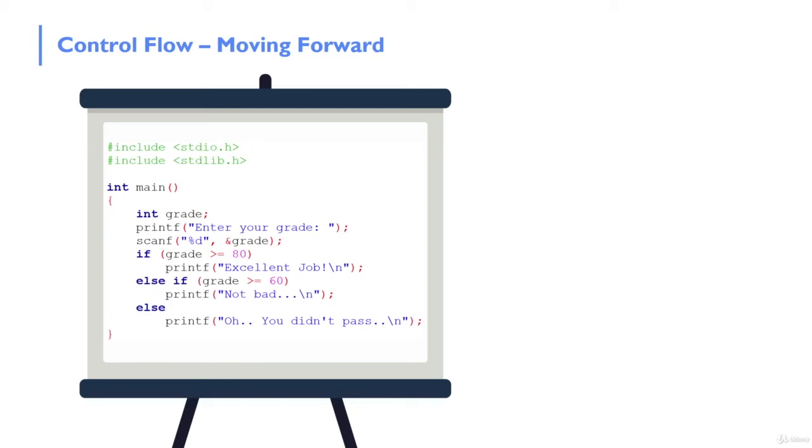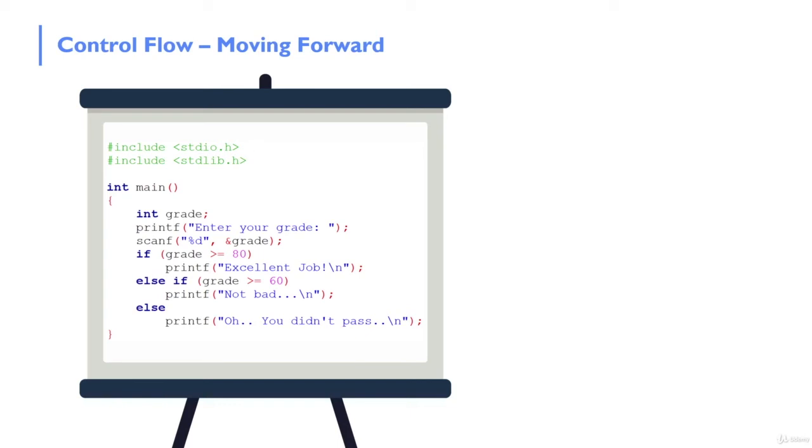So this last printf command will only be executed if the grade is not equal to or greater than 60, as well as if it's not greater or equal to 80. To 80 and to 60, meaning that this last printf command is only going to be executed if the grade is less than 60.